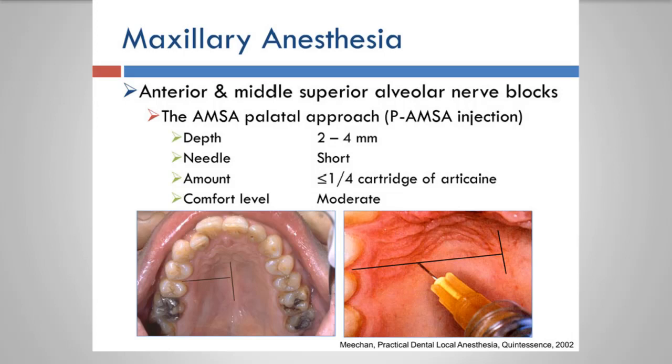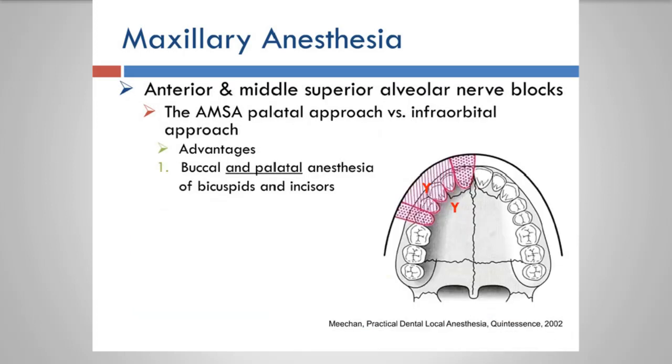I use a 30 gauge short needle, and I inject a very small amount of articaine. I like using articaine for this block. And I inject maybe a stopper, 2 stoppers worth of anesthetic, very, very slowly, easing it into the tissue, so I can make this a fairly comfortable injection for the patient.